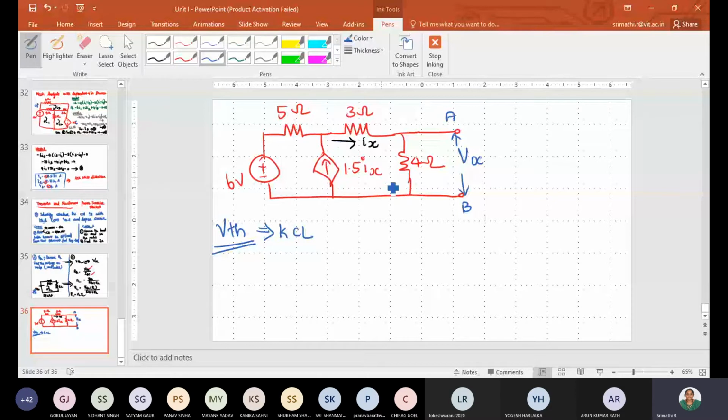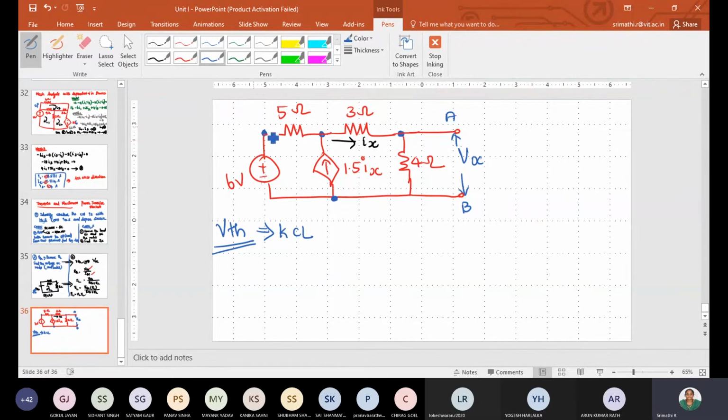So how many nodes do we have? This is 1, this is 2, this is 3, and this is 4. Am I right?